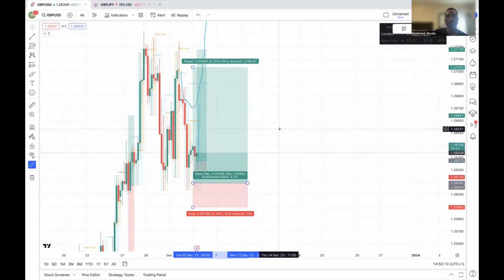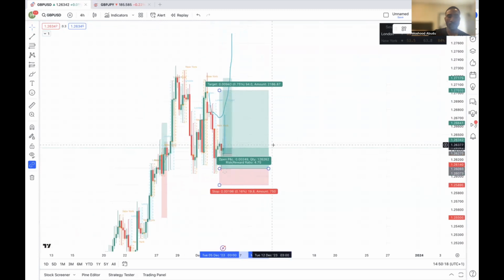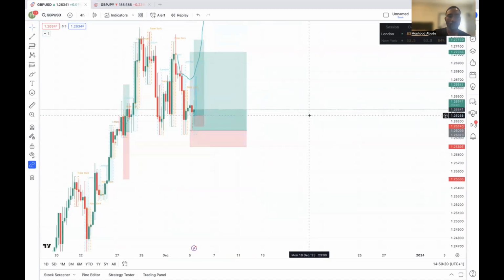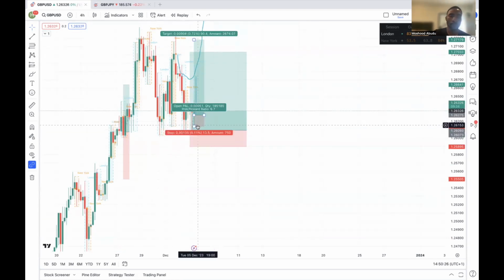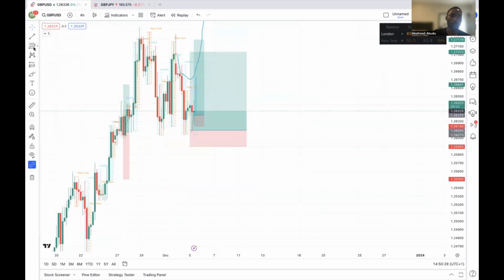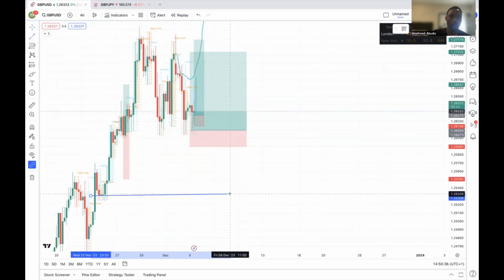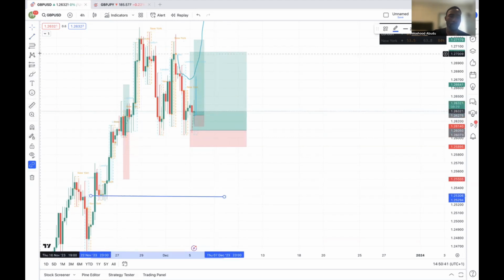So let's say, for example, GBPUSD right now, we're on the 4 hour time frame. We can see that the previous higher high that we have before the market started consolidating in this area was this level here. This is where the market moved. Then it gave us this direction.